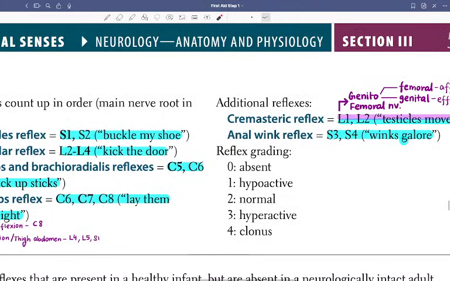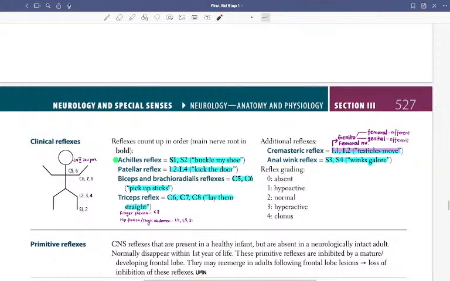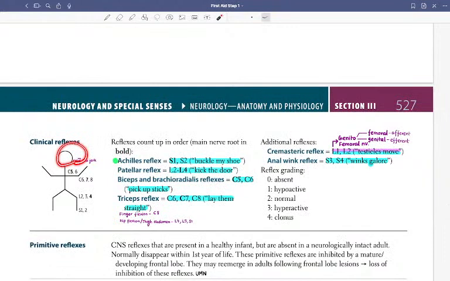This is the reflex grading and all, not very important. Now, this is also good: C5 is the jaw jerk, cranial nerve 5. C5, C6 is biceps, then C6, C7 is the triceps. Then L2, L3, L4 is in the thigh, so till here is the patella, and S1, S2 is the Achilles.